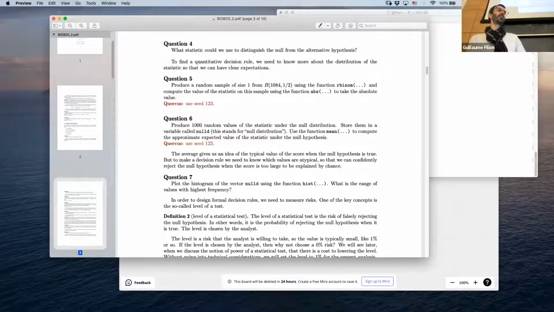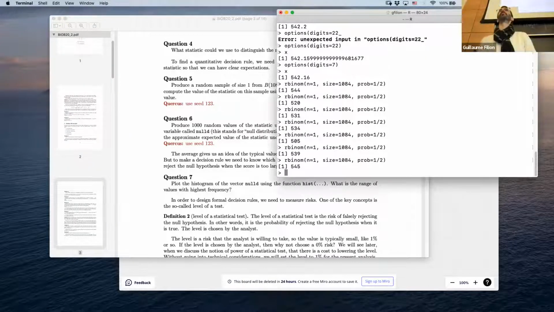So what do you suggest? How do I do that? Yeah, okay, so we remove the expected number here.